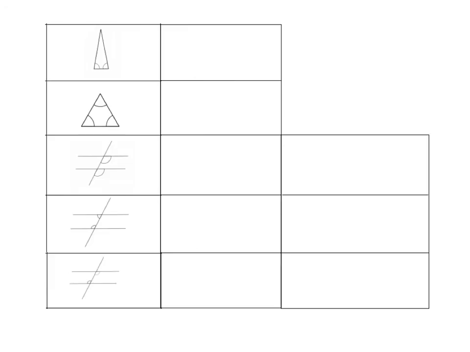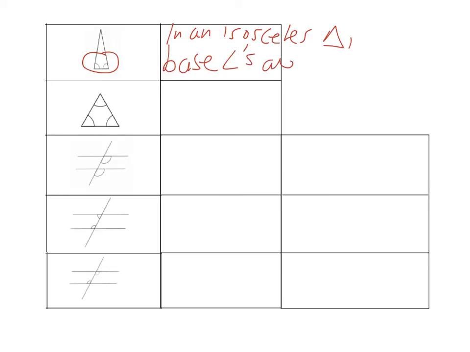So in this case, if we're going to use this idea of an isosceles triangle, we will say that in an isosceles triangle, base angles are congruent.